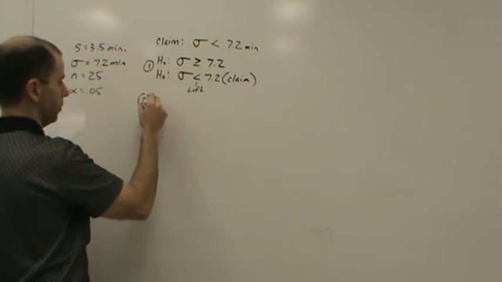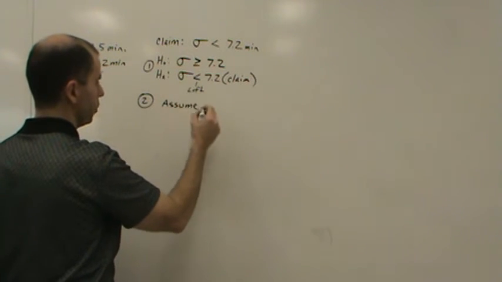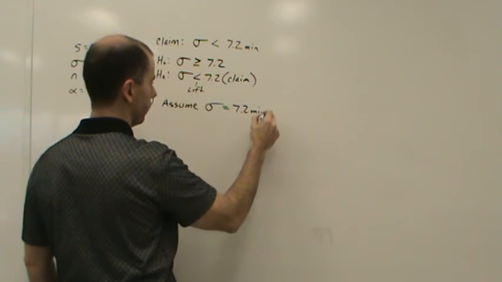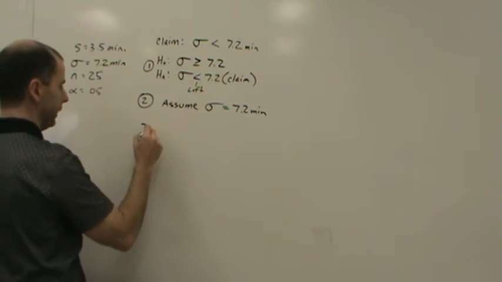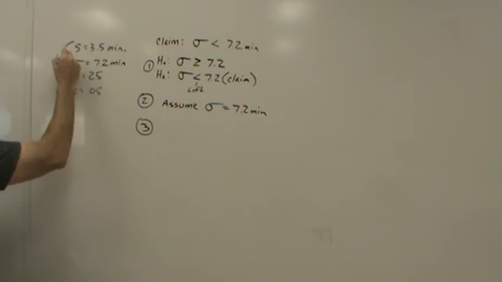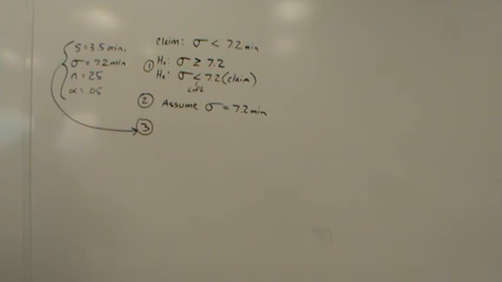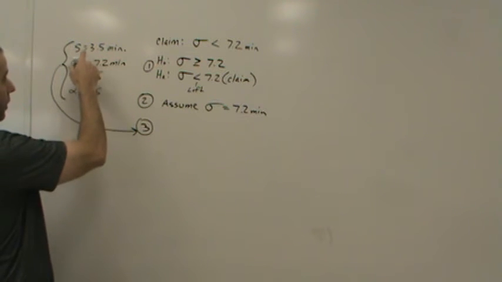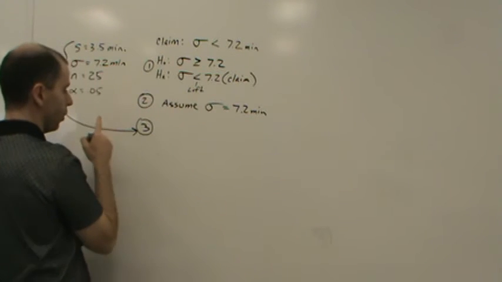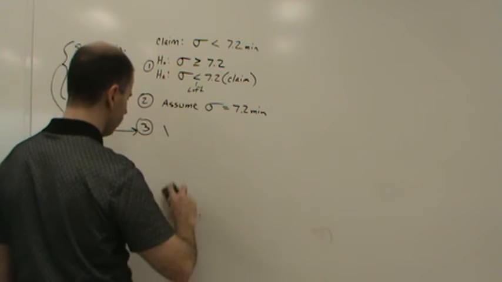Then step two is assume the null is true. So we're going to assume that sigma is equal to 7.2 minutes. Now step three is we're going to write down the information, which is all of this that I wrote down. Because we're using the sample standard deviation, this is going to be a chi-squared distribution.